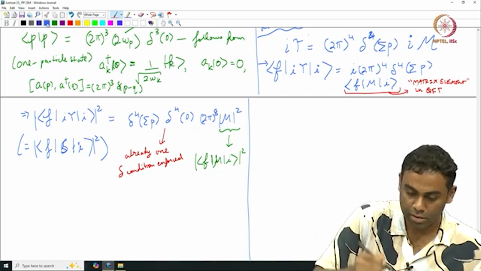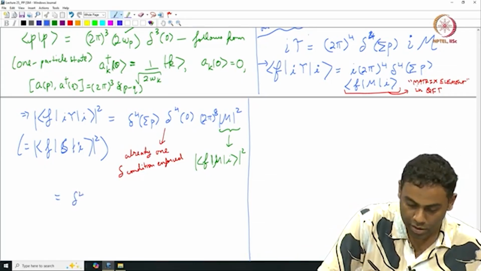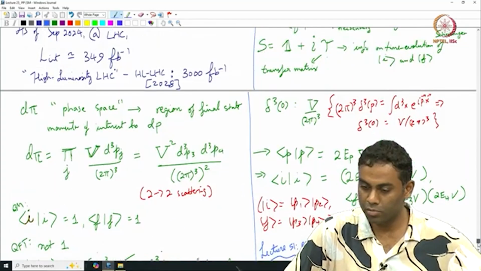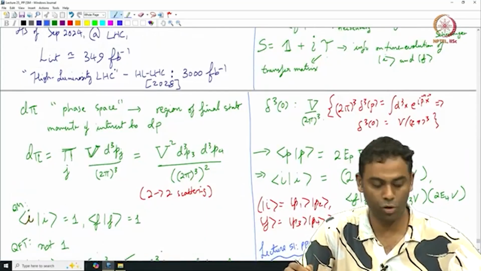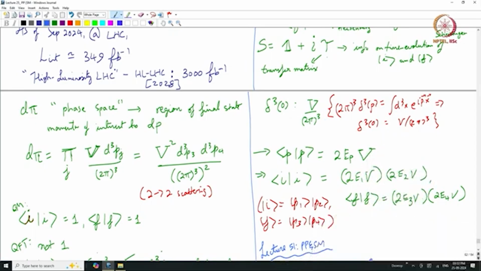Okay, let's slightly simplify that. This is still that. Now what is delta power 4 of 0? Remember delta power cube 0 was what? The volume over 2 pi cubed. So wouldn't that also mean that if I have delta power 4 of 0, we are talking about 4 dimensions now, so it is the volume times time divided by 2 pi power 4.